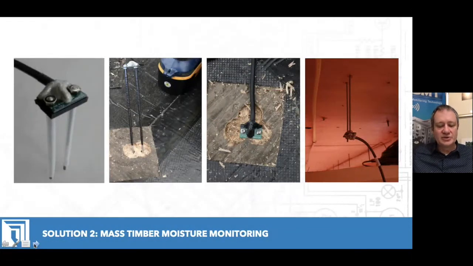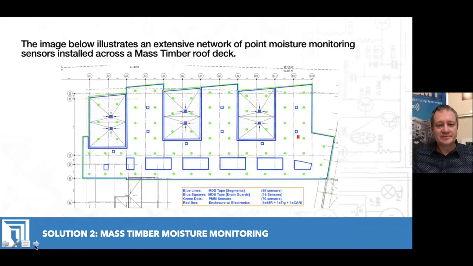The second part of this solution is monitoring the actual wood structure itself. And if you're going into a rooftop assembly, you can go in through the air vapor retarder, make a small opening, obviously do a repair, but put these moisture probes at depth within the structure. Alternatively, as pictured on the right-hand side, we can do these from the interior, depending on internal finishes and routing of various sensor elements.